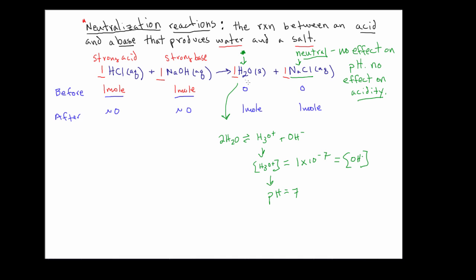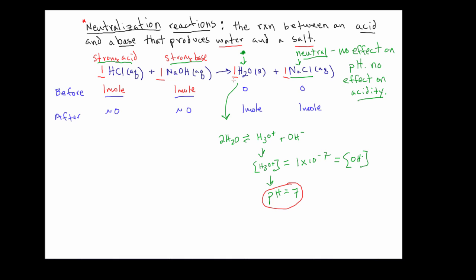So the unique feature of a strong acid, strong base titration is that the pH of the reaction mixture is going to be 7 after the reaction is over. And the fact that there's a salt present in the reaction mixture has no bearing, because when you react a strong acid with a strong base, the salt that is produced is a neutral salt, and like I said earlier, has no effect on the acidity.